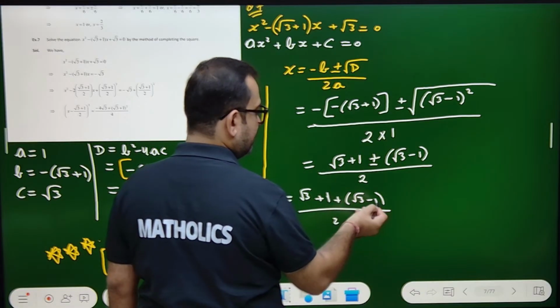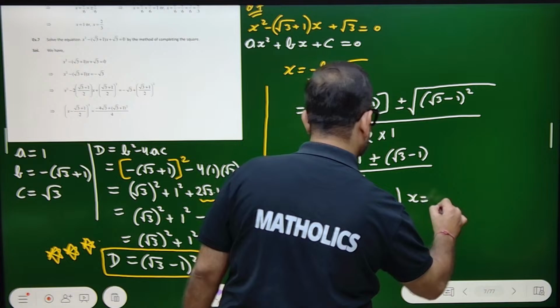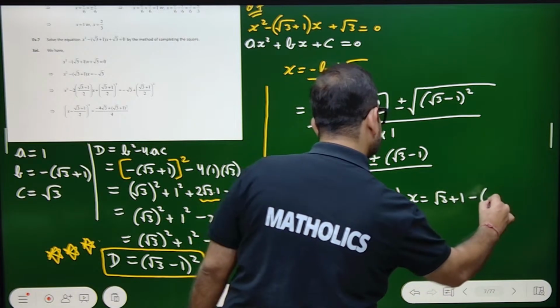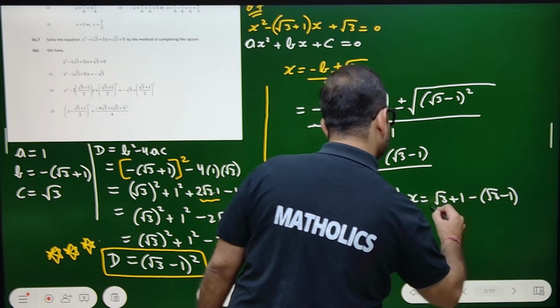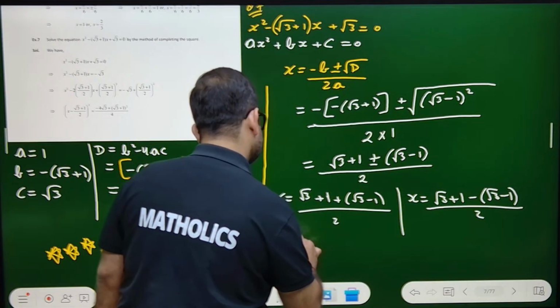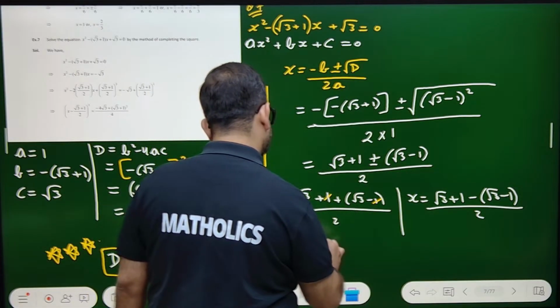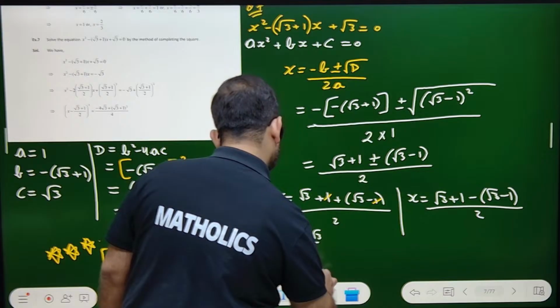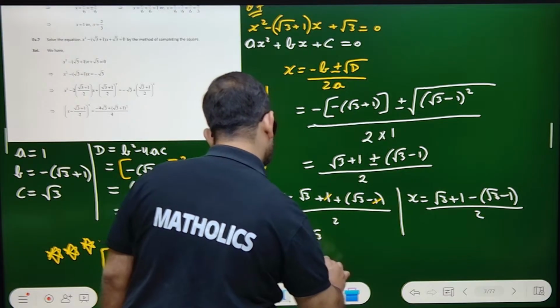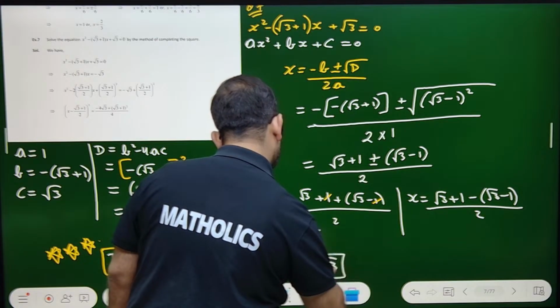Another x will be under root 3 plus 1 minus of bracket root 3 minus 1 whole by 2. So adding, 1 and 1 will get cancelled, 2 root 3 by 2, that means x equals root 3 is my first answer.